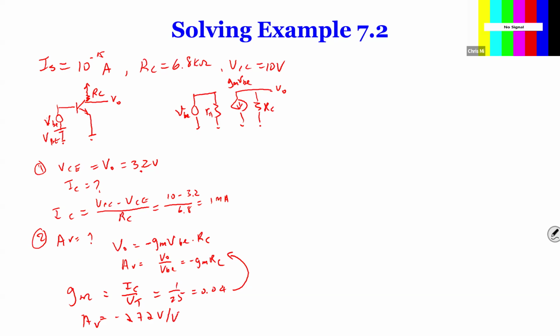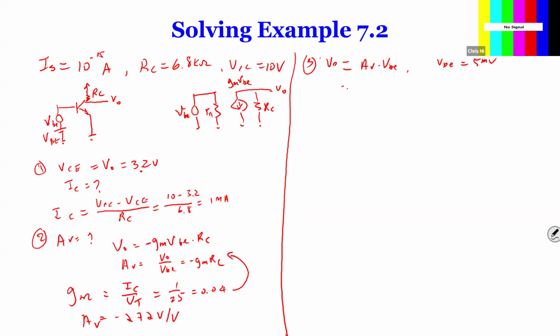And of course, from here, we can find VO. I think what was given was an amplitude of 5 millivolts. So VO is going to be AV times VBE, and VBE was given as 5 millivolts, right?